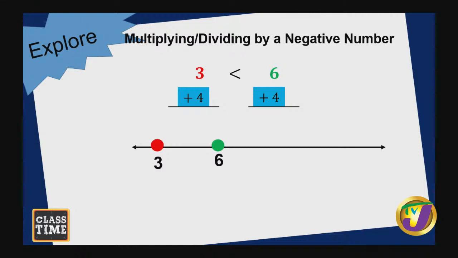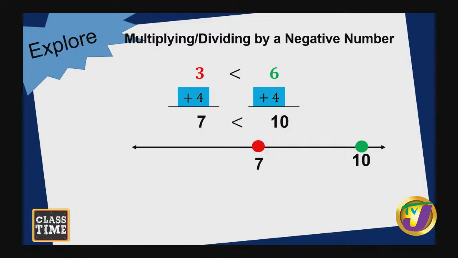We would get something like 7 and 10. Let us represent that also on the number line. 7 remains to the left of 10, which keeps the inequality sign true, because of course 7 is less than 10. Yes, it is. Okay, good.